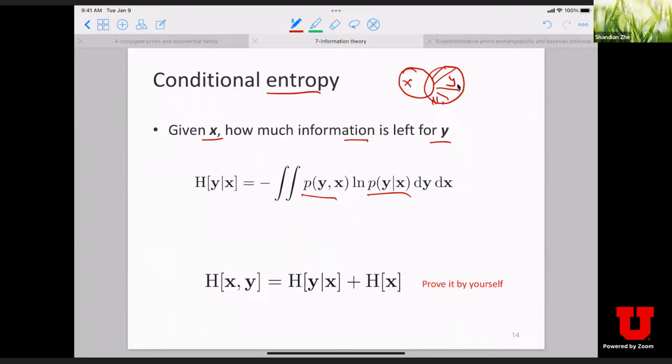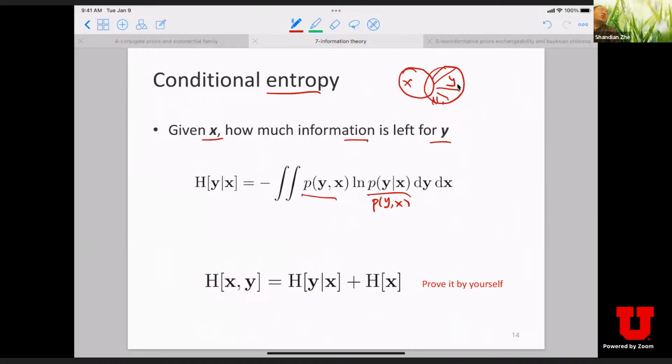So if I replace the conditional probability in the logarithm part by P of x, y, what's that?